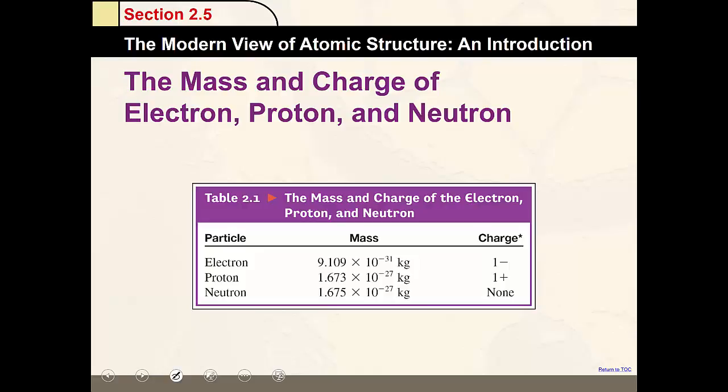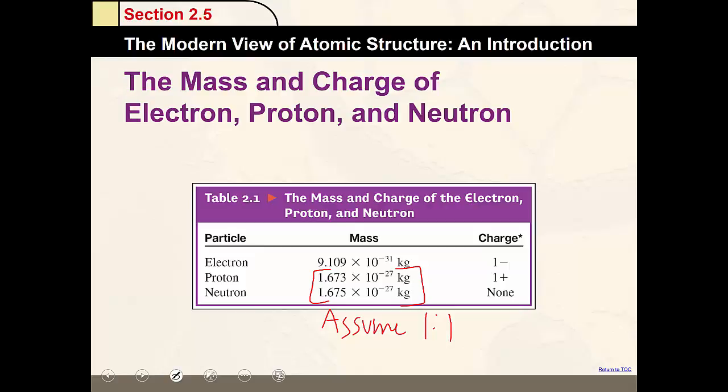So if you look at this little chart, you look at these two masses of the proton and neutron, they're very, very close together. They're 0.002 apart. So I want you to assume that that mass ratio is 1:1, so that the proton and the neutron have the same mass.